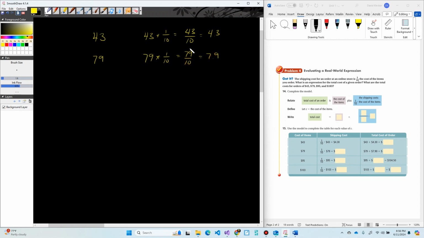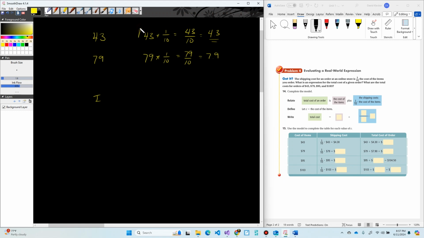Now, what exactly have I done? What is my independent value? Well, my independent value is these values. I'm plugging in some random number, 43, 79, it doesn't matter. What is my dependent value? Well, I can't get 4.3 unless I take the independent value, 43, and I multiply it by 1/10. This is my dependent value.